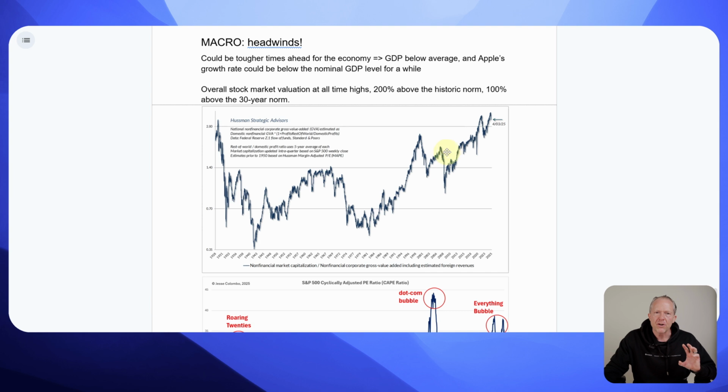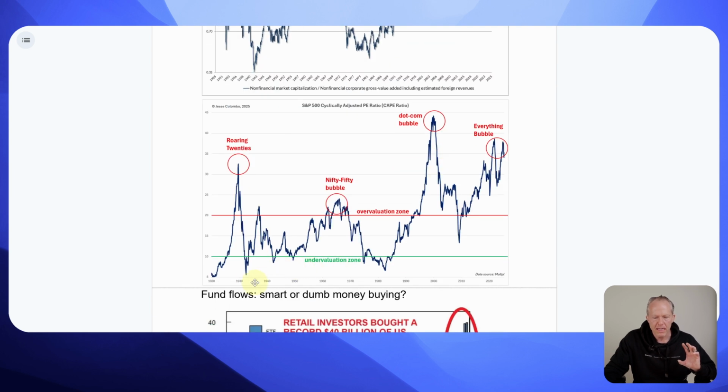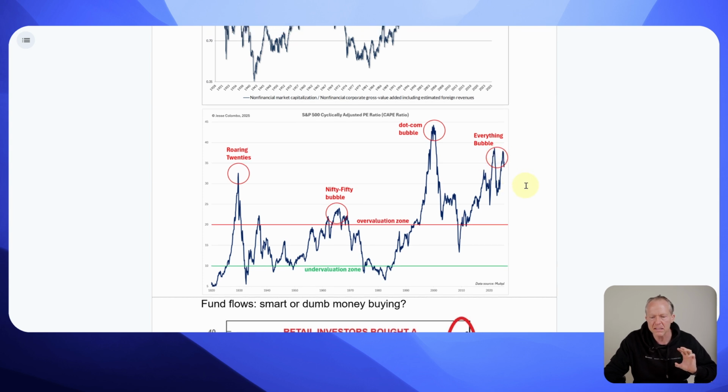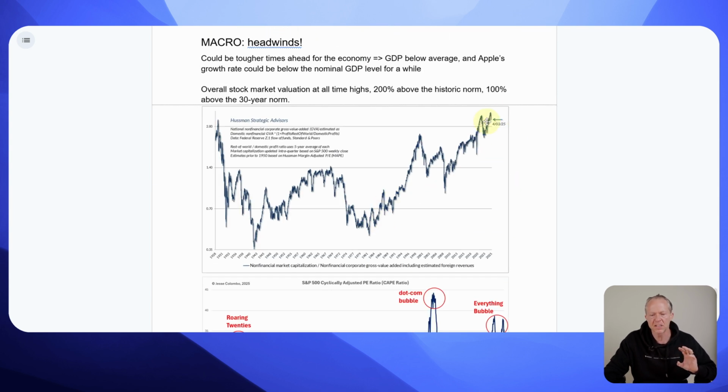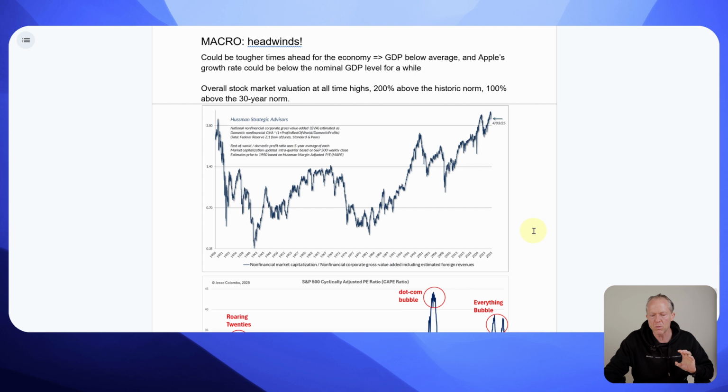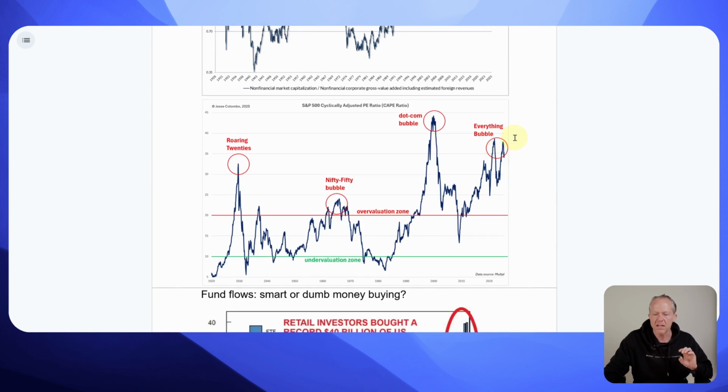We have a very high valuation of the market. This is how it's looked the last 100 years, and it's getting up there. This is the CAPE valuation estimate, and this is Hussman's kind of price sales type estimate, which looks even worse than the CAPE.